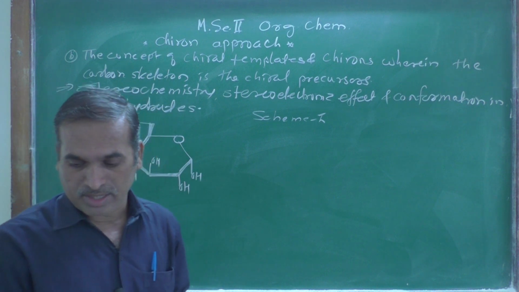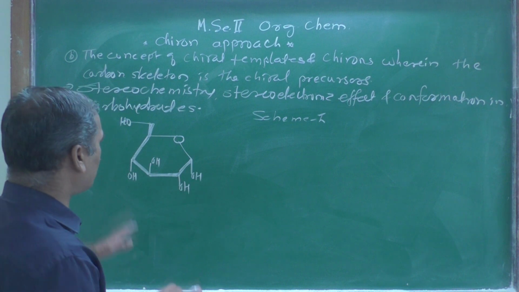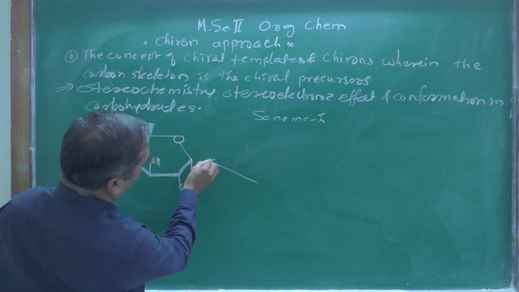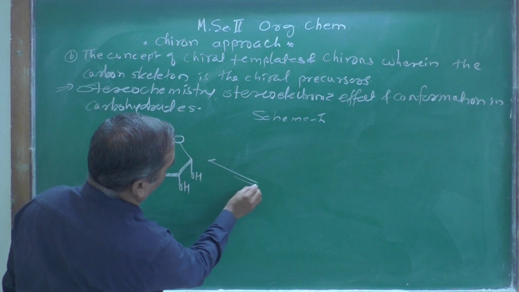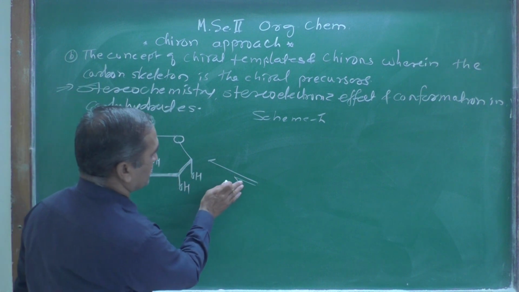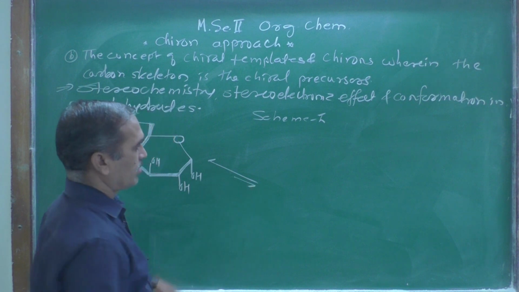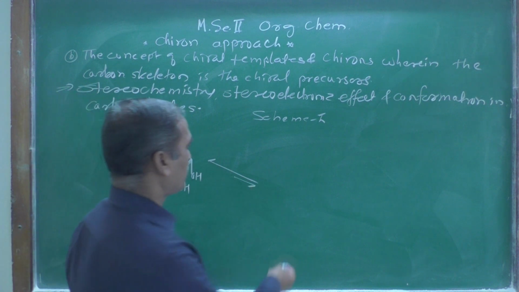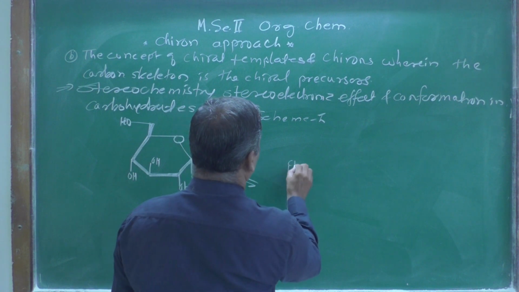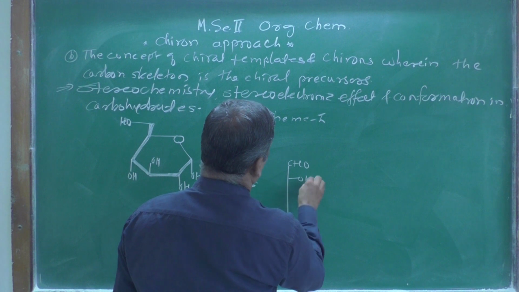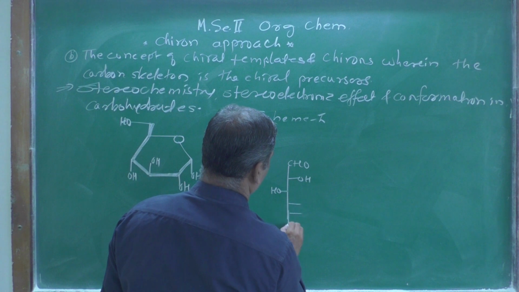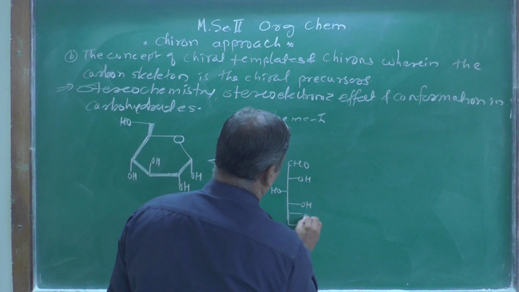Suppose this is one of the structures, and that structure generally exists in this form. Here a small arrow indicates that there is an open chain compound. The open chain compound has a CHO, then OH, then OH, then 3 OH groups.